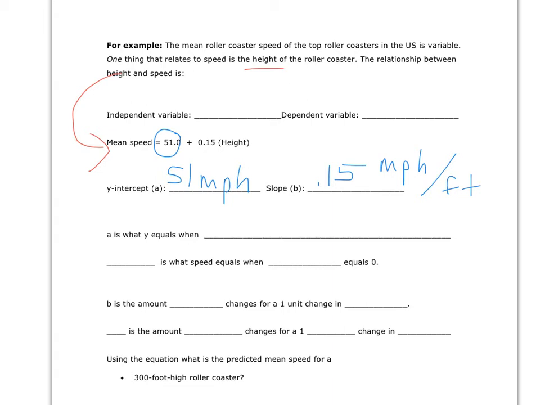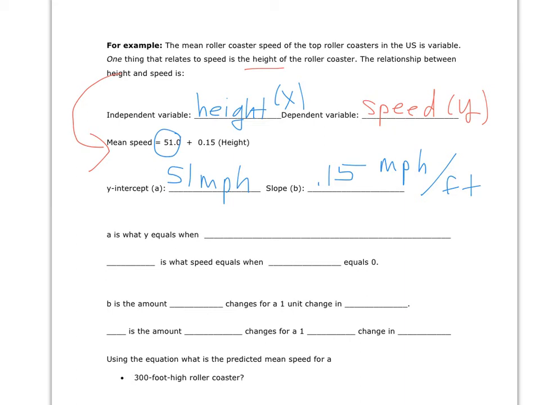Okay, so the independent variable, if we go back, that is the height. All right, that's what we're considering x to be. And the dependent variable then is the speed. All right, that's what y is measuring.